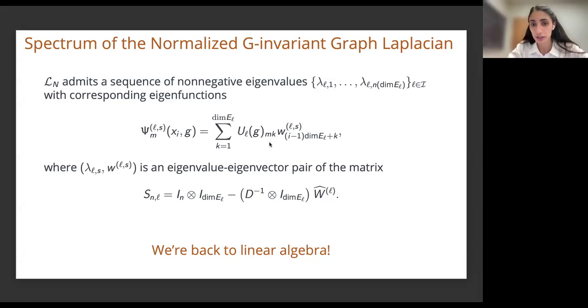So we don't have to worry about this part. All we have to do is compute the eigenvectors of these matrices. That's great because we have linear algebra, so we know exactly what to do. We have efficient algorithms for doing that.